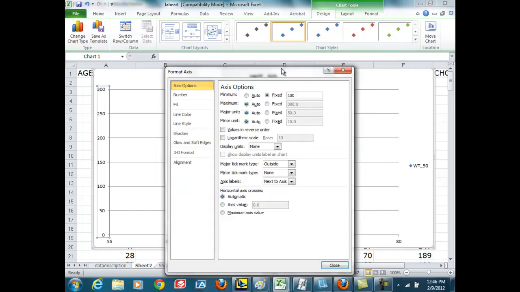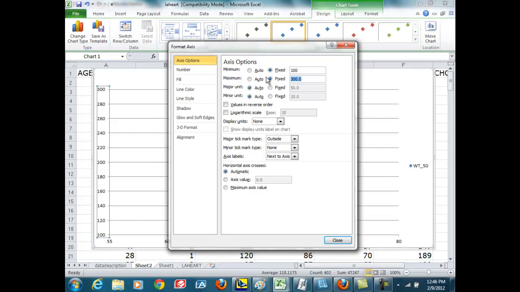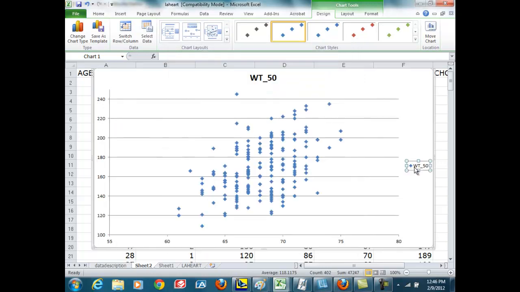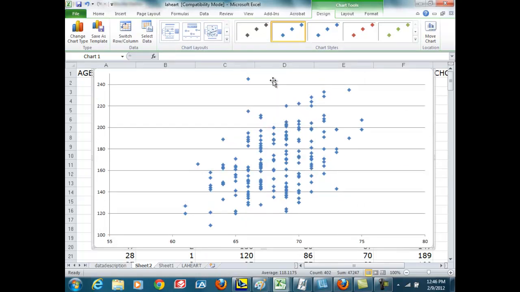Nobody heavier than 250, just for that window. So here we go. Let's get rid of these. I'm using Excel 2010 here. Everybody fine? And you can put the labels here if you want.